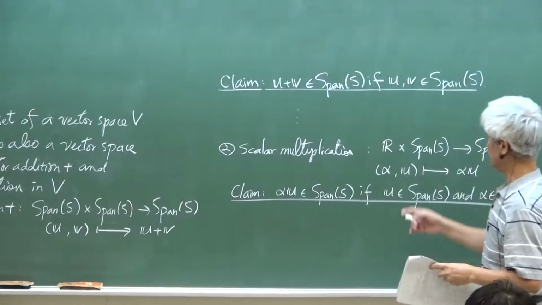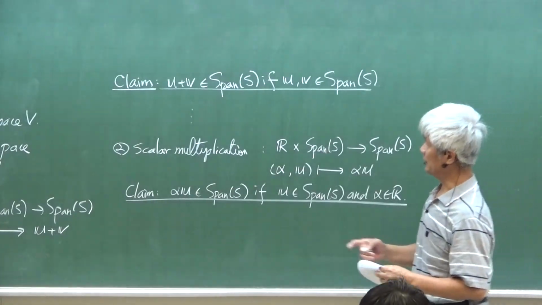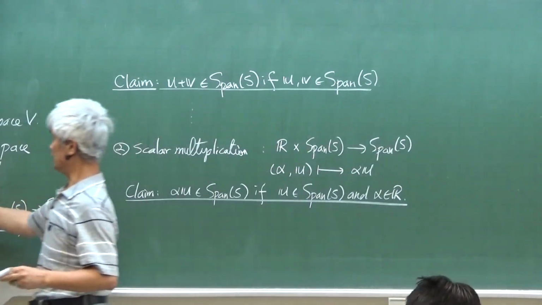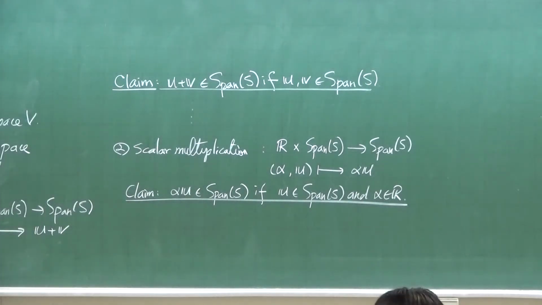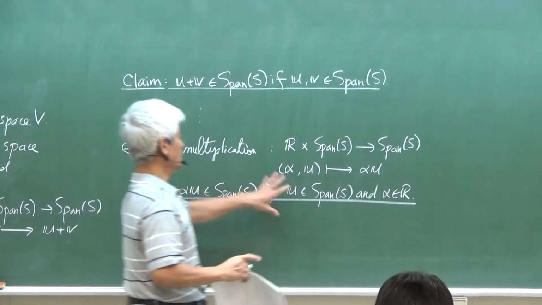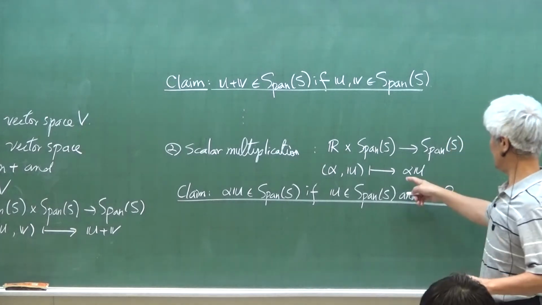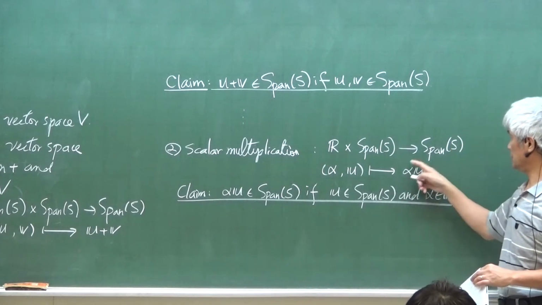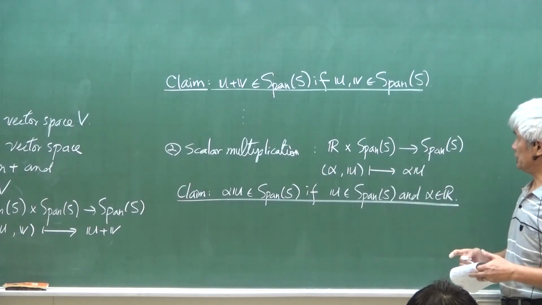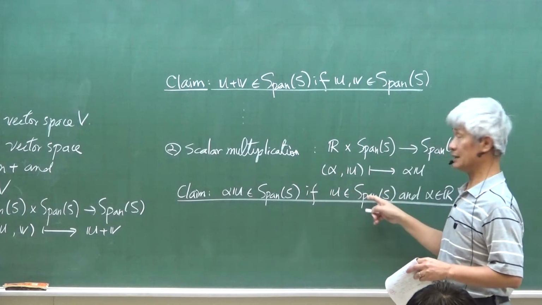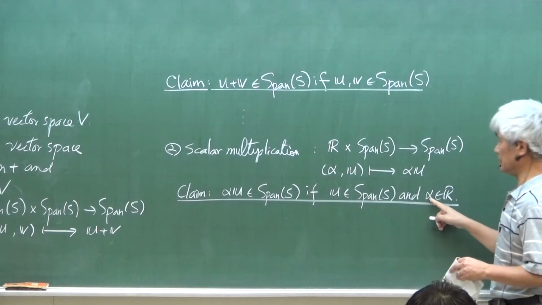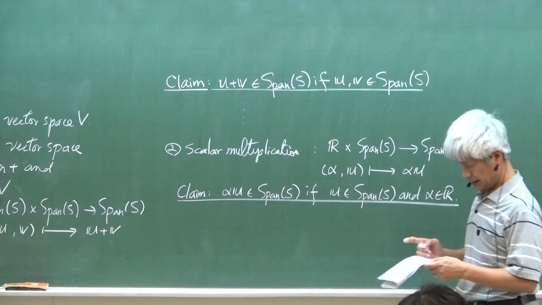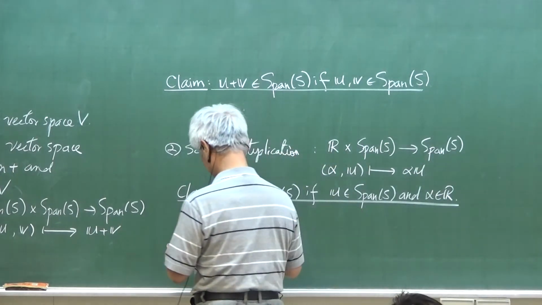And the next thing is that with the same scalar multiplication as in the original vector space V, this product is also in the span. If u is in the span of S and alpha is a scalar.